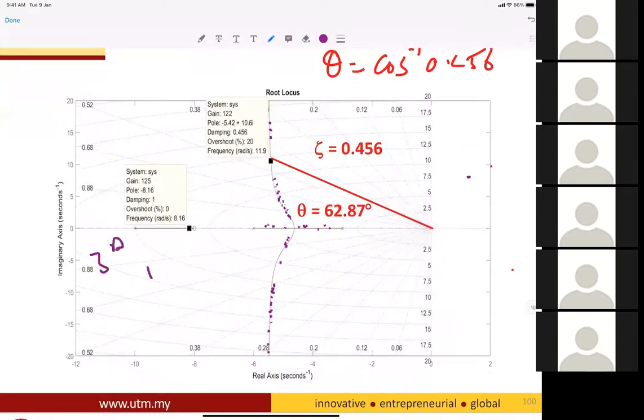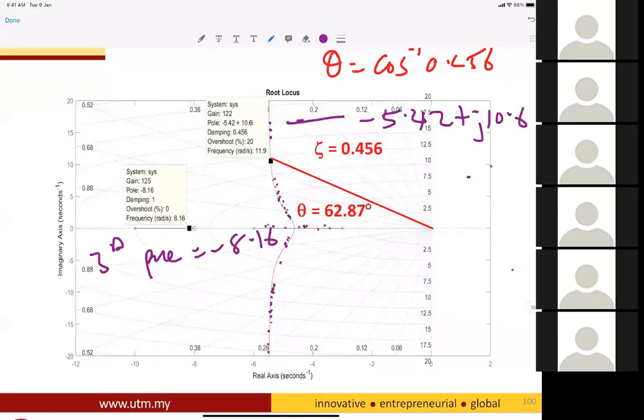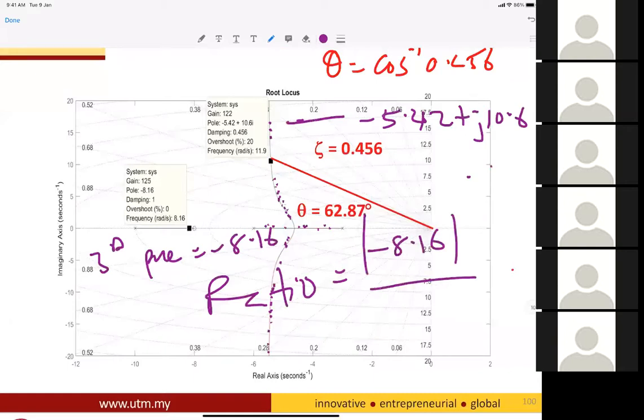Third pole minus 8.16, kan? Dominant pole is minus 5.4 j10.6, kan? What is your question? For this case, the approximation as second order system is not valid, because we have to find the ratio first. But the ratio is not more than 5, right? Minus 8.16 divided by how much?